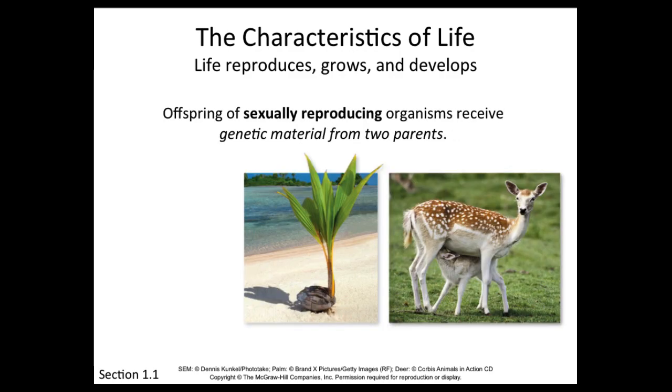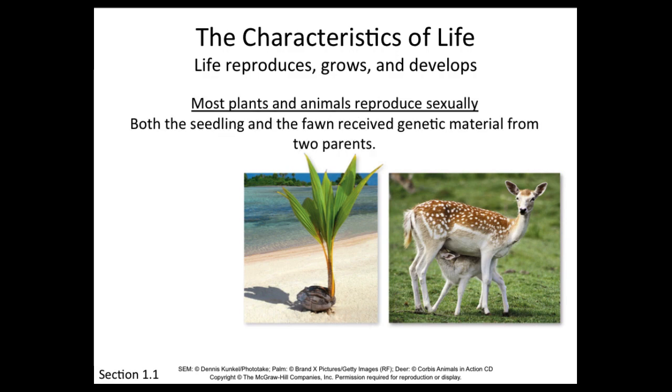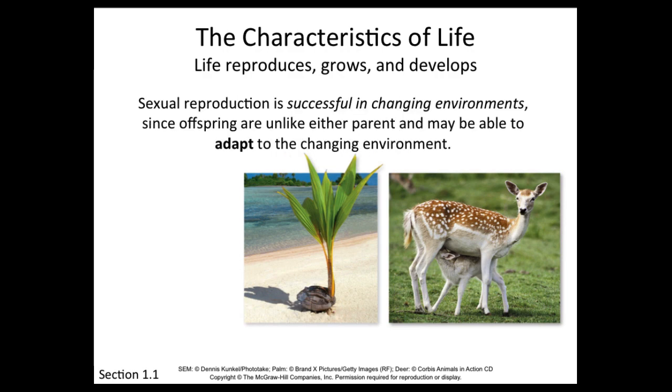Offspring of sexually reproducing organisms receive genetic material from 2 parents. So they get sperm from dad, and they get the egg from mom. Most plants, including the strawberry we previously mentioned, and animals, such as the deer on the screen, reproduce sexually. Here we can see a coconut that's germinating, and then of course here's the mama deer and the baby deer.